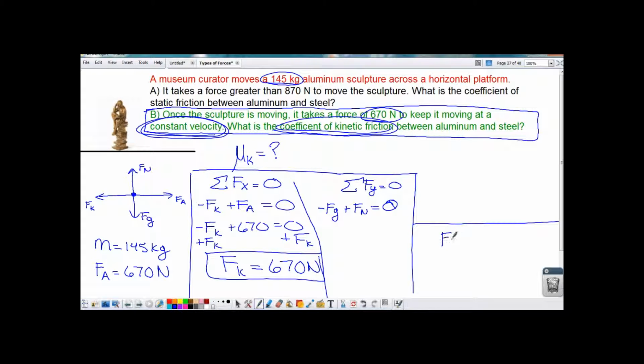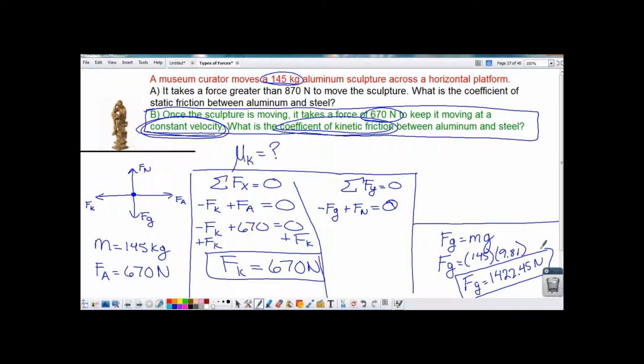We know the gravitational force is equal to the mass times the gravitational field constant. So gravitational force is equal to 145 times 9.81. The gravitational force is 1,422 and 4/500 newtons, just like it was when we were in part A.